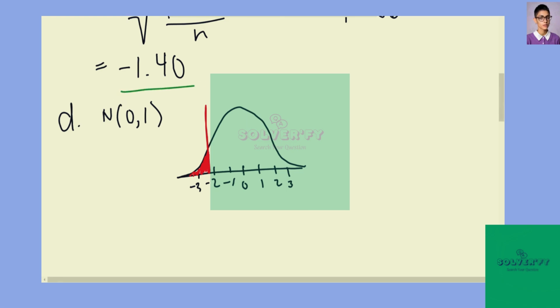And next we'll draw in our test value, negative 1.4. It's about here. Now we can find our p-value, the probability that z is less than or equal to negative 1.4. We get a p-value of 0.15.